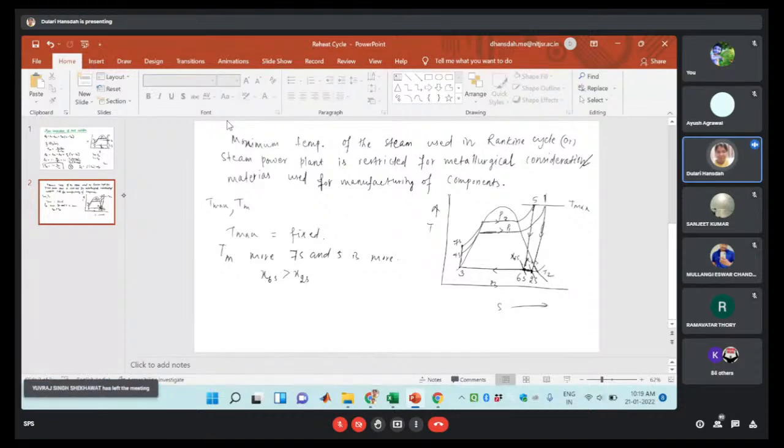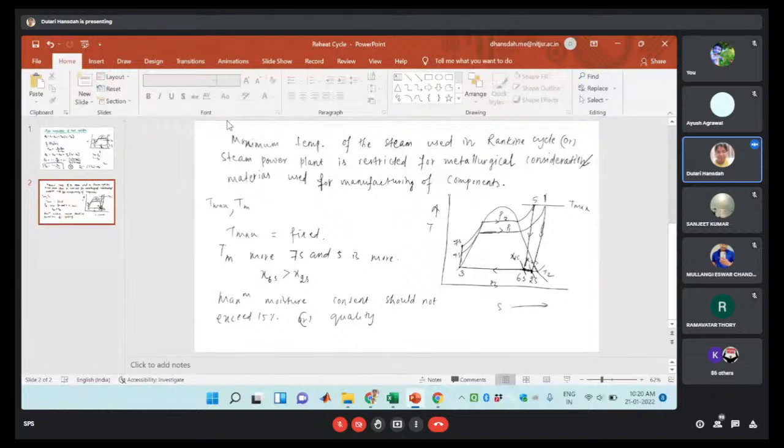In that case, the maximum moisture content should not exceed 15%, or we can say the quality should not be less than 85%.